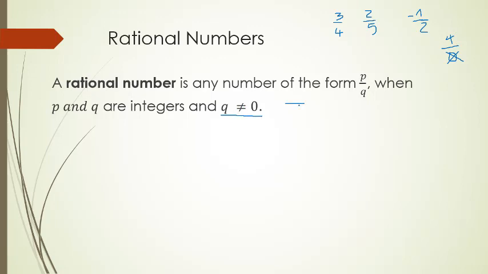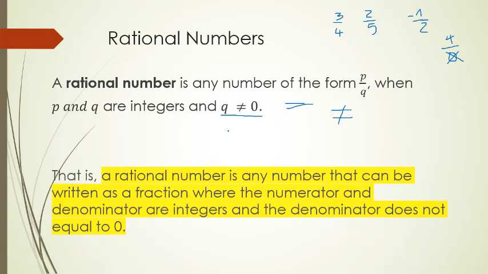You see this symbol? Sorry guys, this symbol means does not equal to, or if you don't want to say does not equal to, you can say is different than. Q should be different than zero. Q can be any number except a zero.